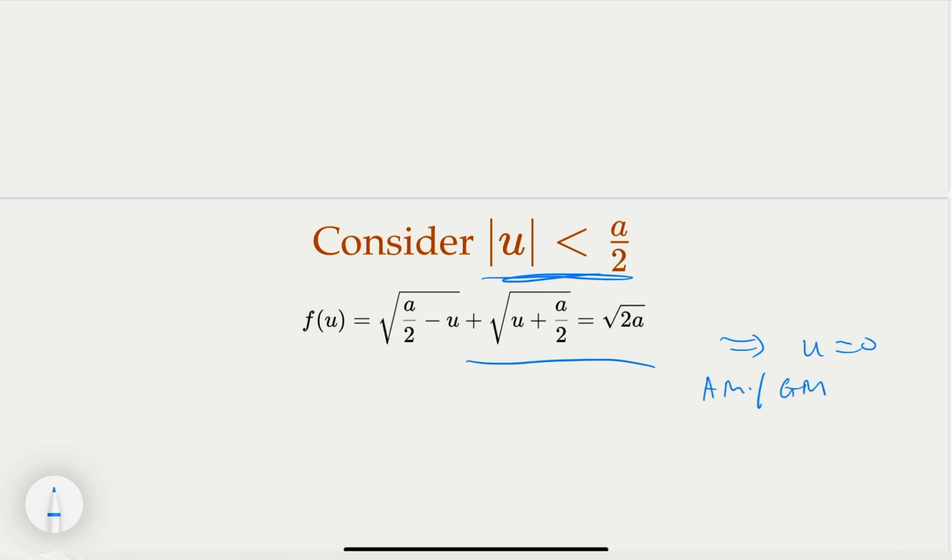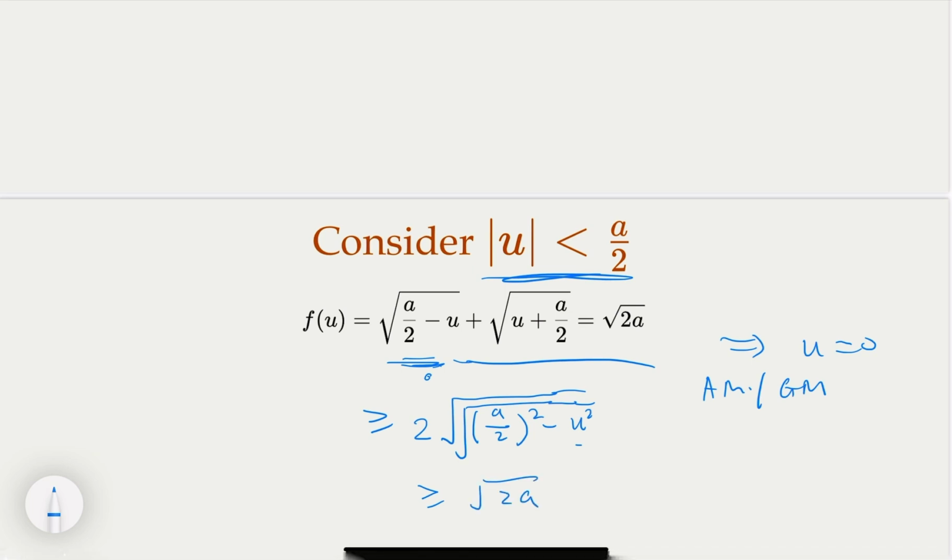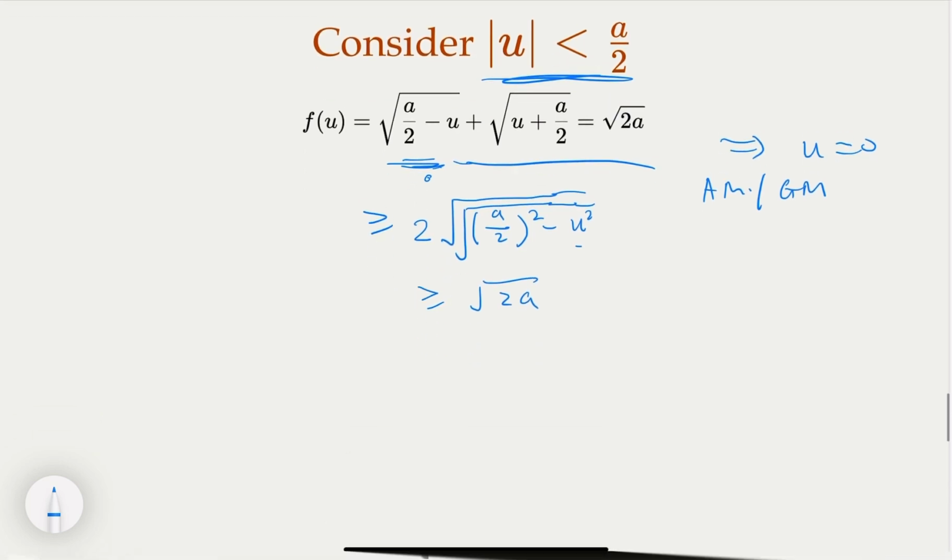This must be greater than or equal to 2 times the square root of a, square minus u square, and it has to be greater than or equal to square root of 2a. You can figure it out later. So u has to be 0.